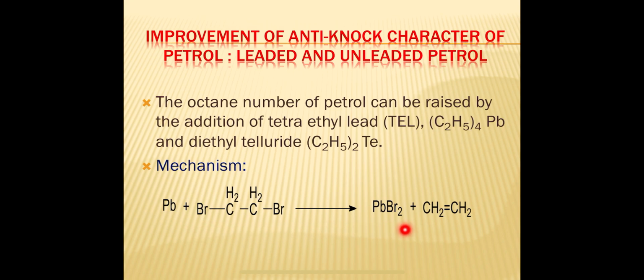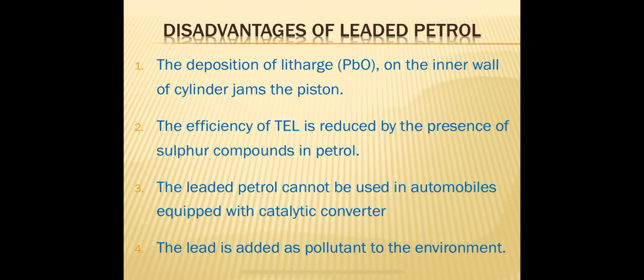This is a simple reaction which takes place when we treat lead oxide with 1,2-dibromoethane. What are the disadvantages of leaded petrol? The deposition of lead oxide or litharge on the inner wall of the cylinder jams the piston. If the piston gets jammed, the efficiency of the engine will be reduced.